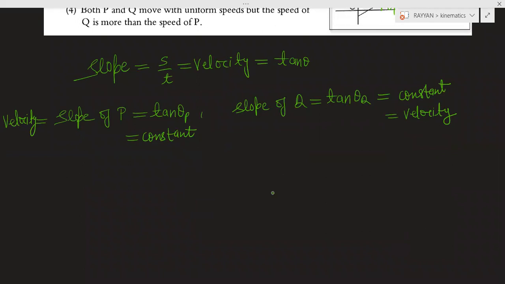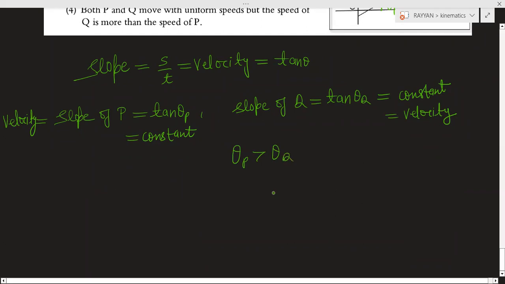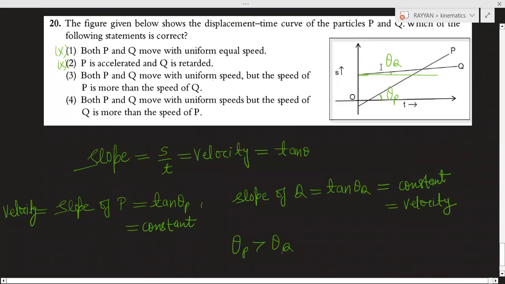So which slope is greater? We know that theta P is greater than theta Q. You can see this angle is greater than this angle.